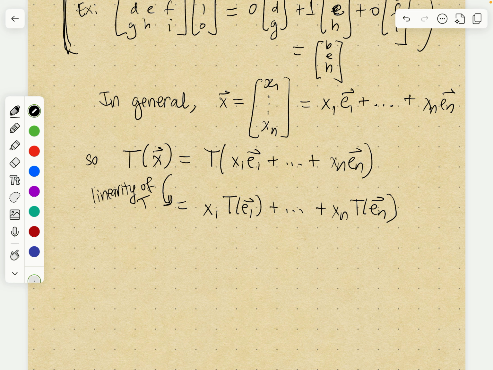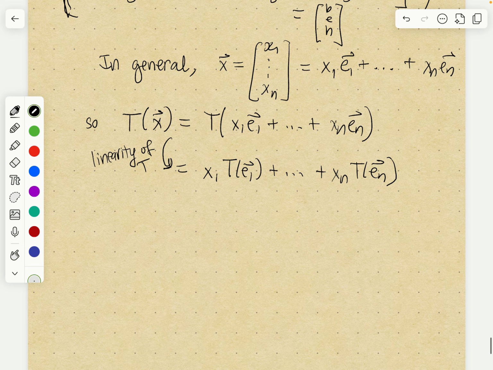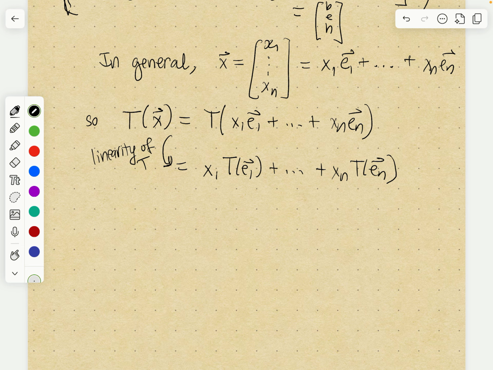That's basically what a linear transformation is: a transformation T such that you can distribute the T across when you have this linear relationship. Okay, and we established that T of e_i is equal to A times e_i. So this is x1 times A times e1 plus dot dot dot plus xn times A times en.